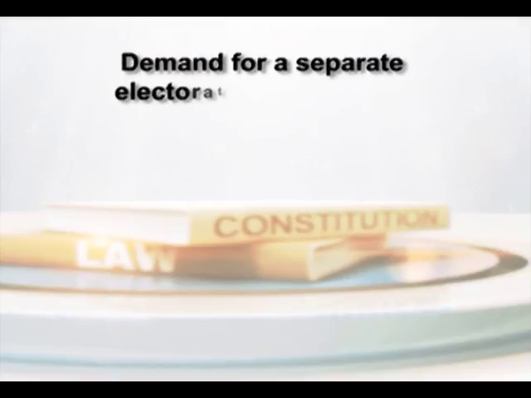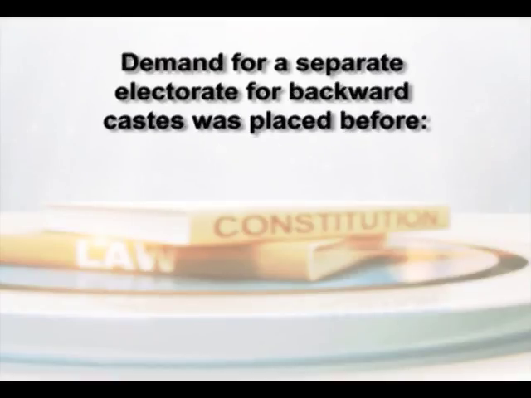Now, this enumeration was a major political or social event if we look at caste as an important category of Indian politics, because after that there were petitions and demands before the British government that there should be a separate electorate for these backward castes.